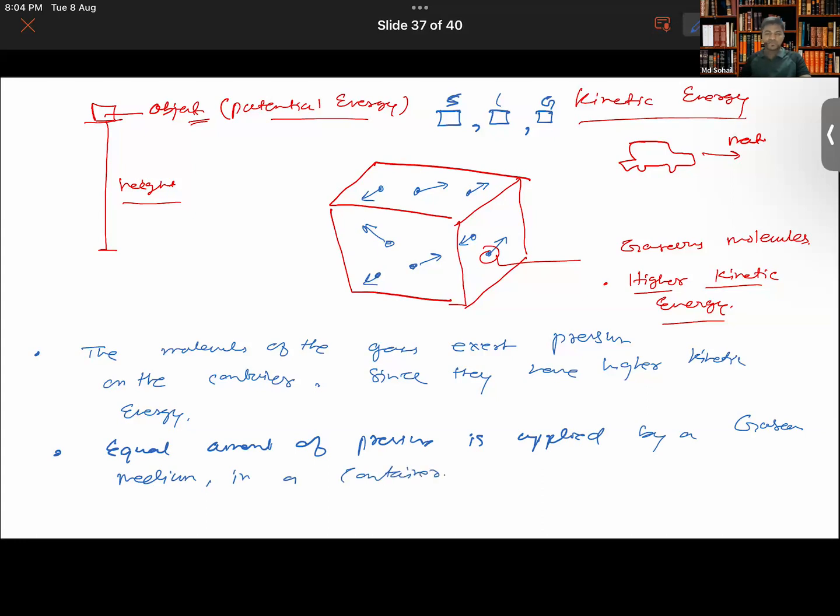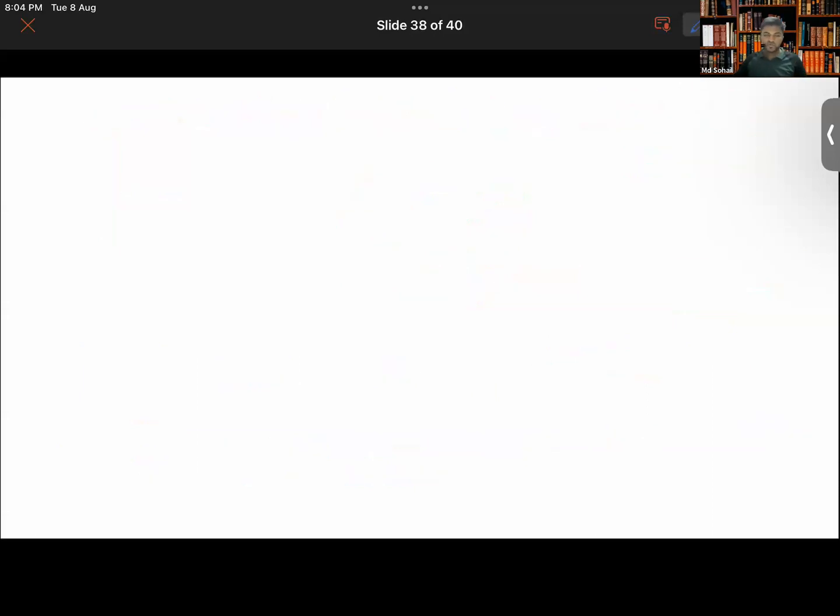So when a gas is kept closed in a container, equal amount of force is applied on the walls of the container. While it is not true for atmosphere, because if you go at higher heights, the pressure decreases. We will get to understand that in a minute.